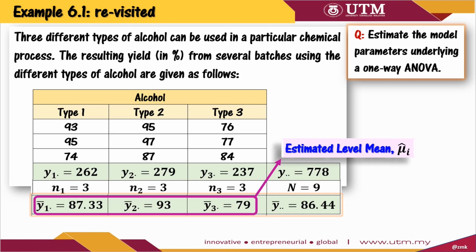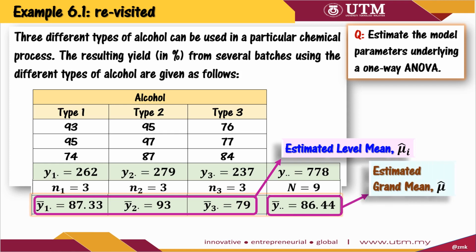In addition, dividing the grand total y double dot by the total sample size denoted by capital N, you will get y bar double dot given by 86.44, which is simply the estimated grand mean denoted by mu hat. So far, we have already estimated 4 model parameters, which include the 3 level means mu1, mu2, and mu3, and also the grand mean mu.